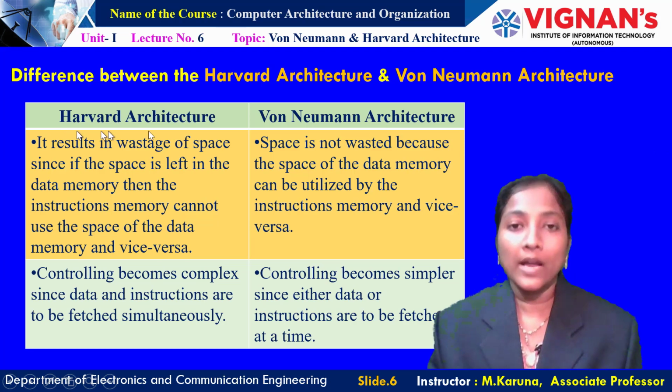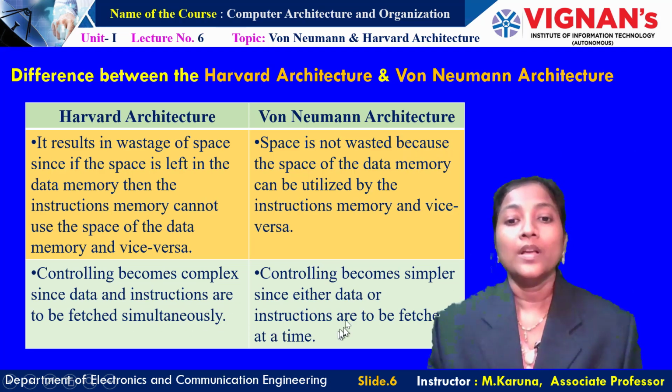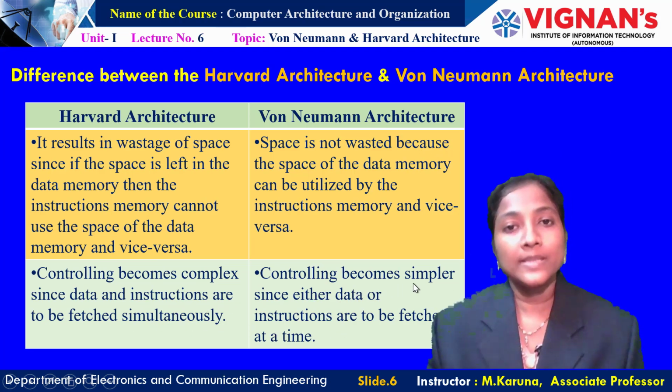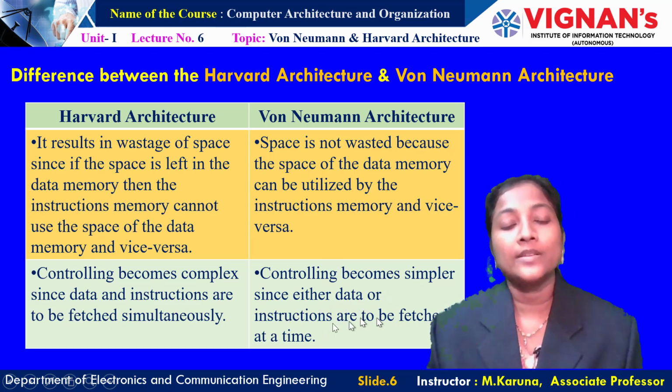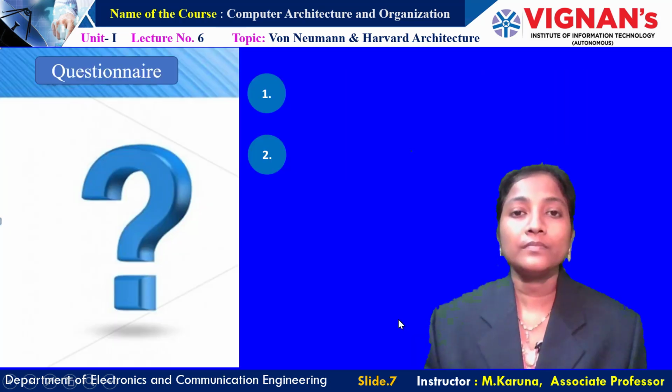Next, in the Harvard architecture, controlling becomes complex since data and instructions are to be fetched simultaneously. In the Von Neumann architecture, controlling becomes simpler since either data or instructions are fetched at a time.